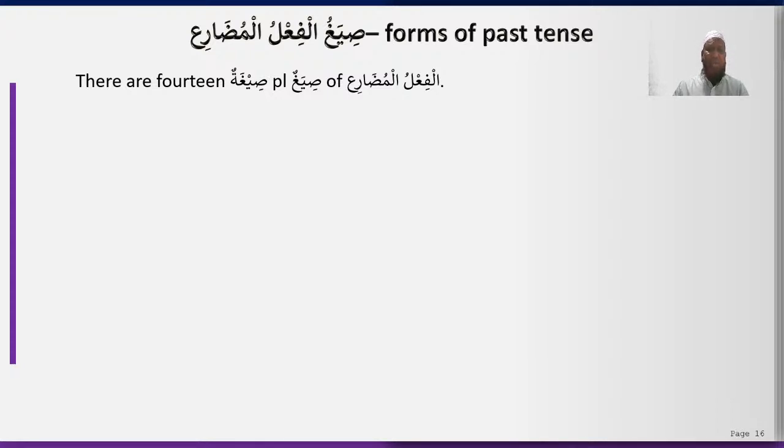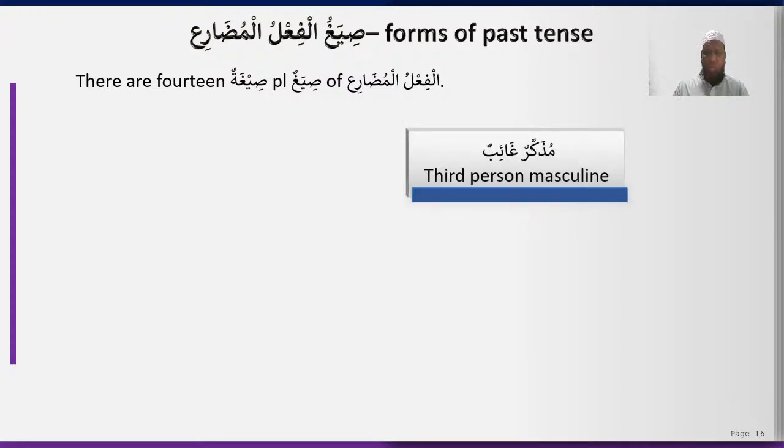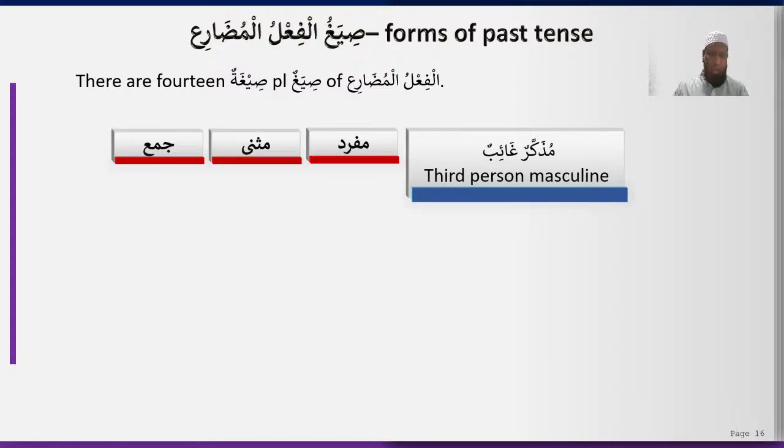There are 14 forms of فعل المضارع, same as فعل الماضي, 14 forms. First, let's look at مذكر غائب, third person masculine. As we know, it has 3 forms. One is for mufrad, one is for muthanna, and one is for jama'.